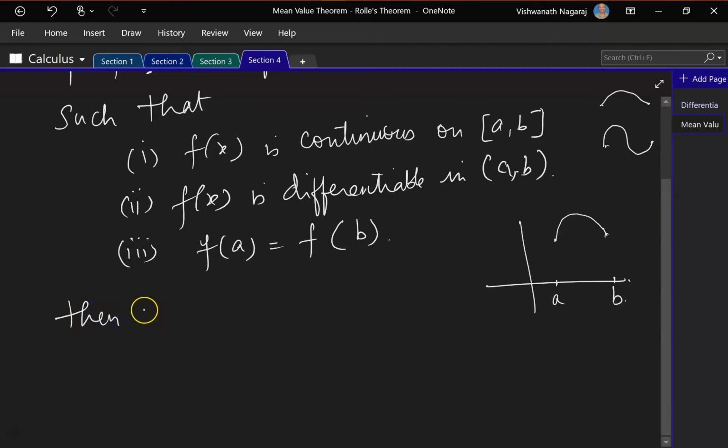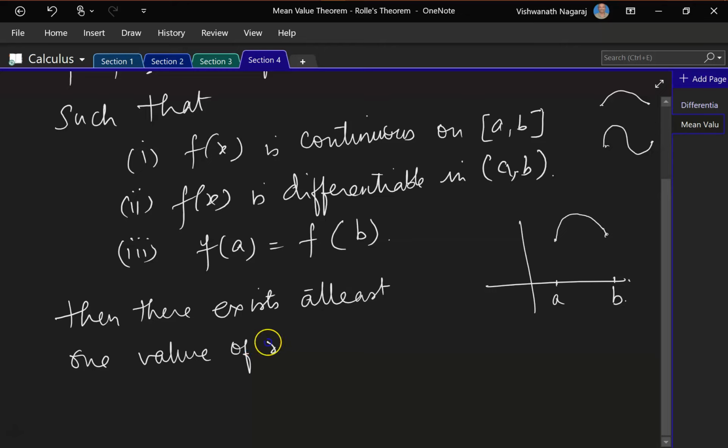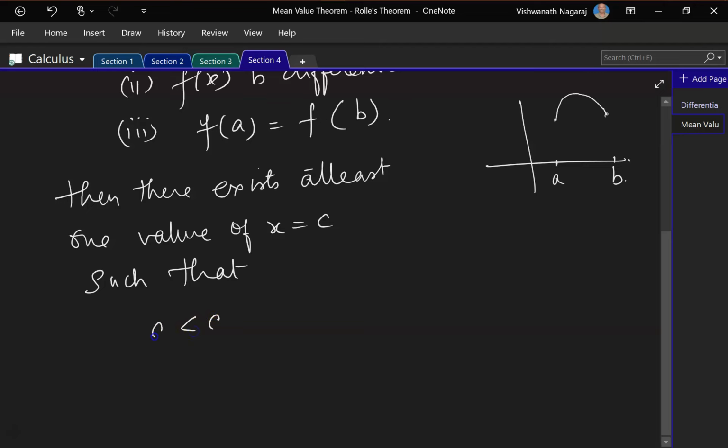Then there exists at least one value of x equal to c such that c is between a and b, for which f prime of c equal to 0. Now remember, f prime of c equal to 0 means the slope is 0.